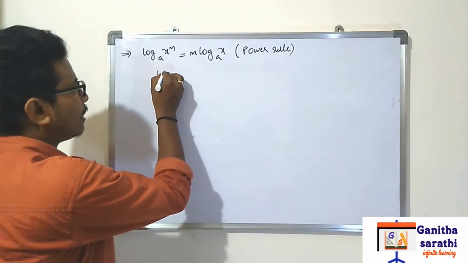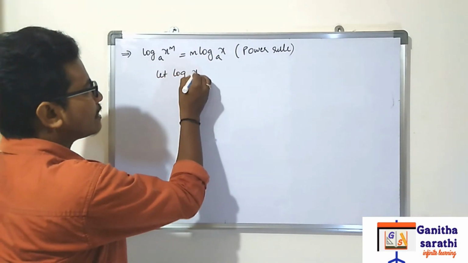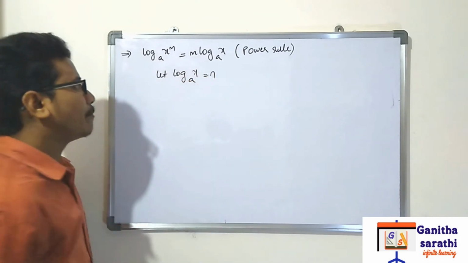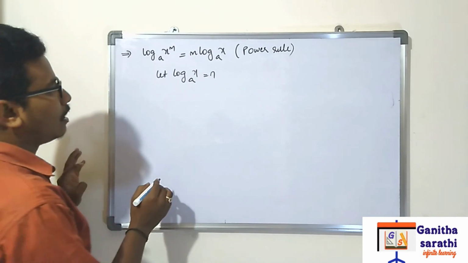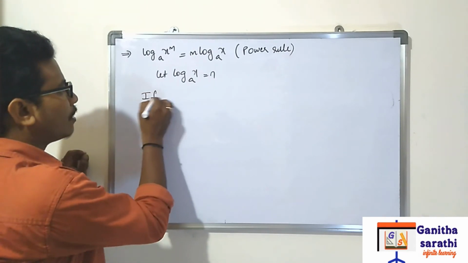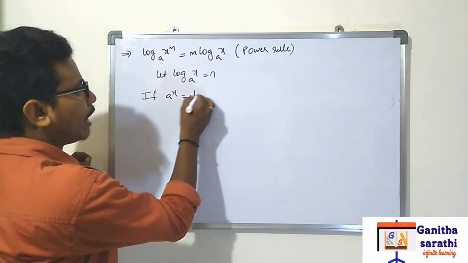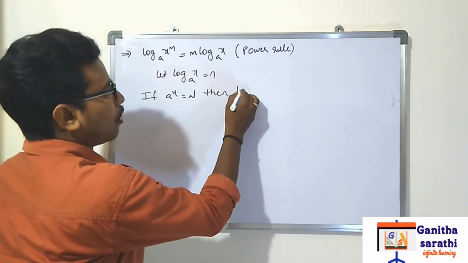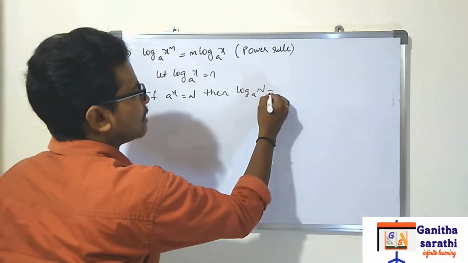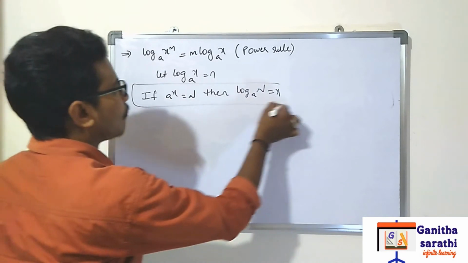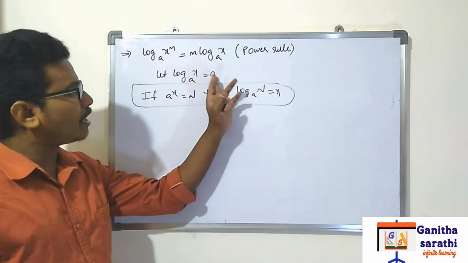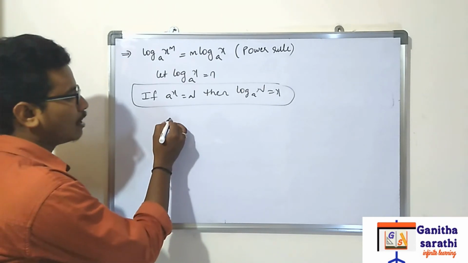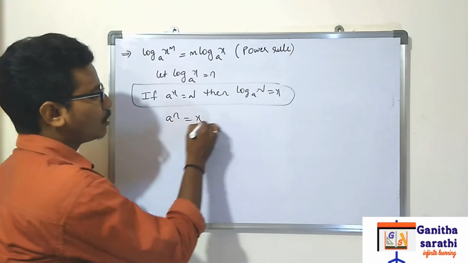Now let log x to the base a be n, because m is already there, so take it as n. Okay. Now the same formula: if a power x is equal to n, then log n to the base a is equal to x. We will use the same formula here. So a power n is equal to x.